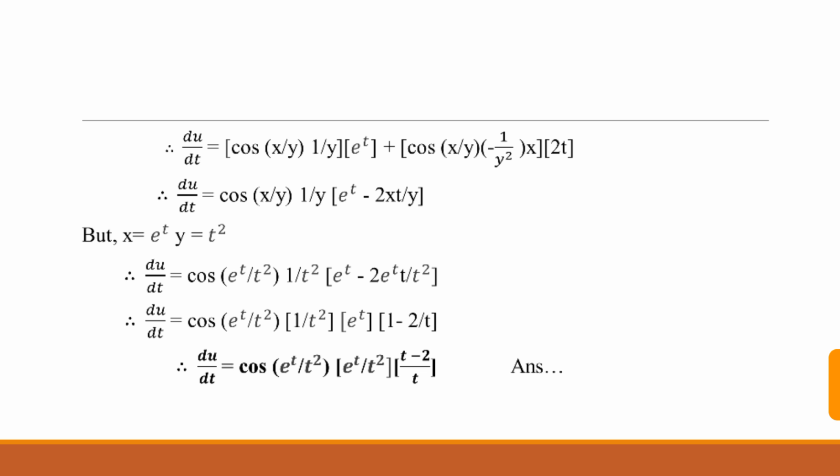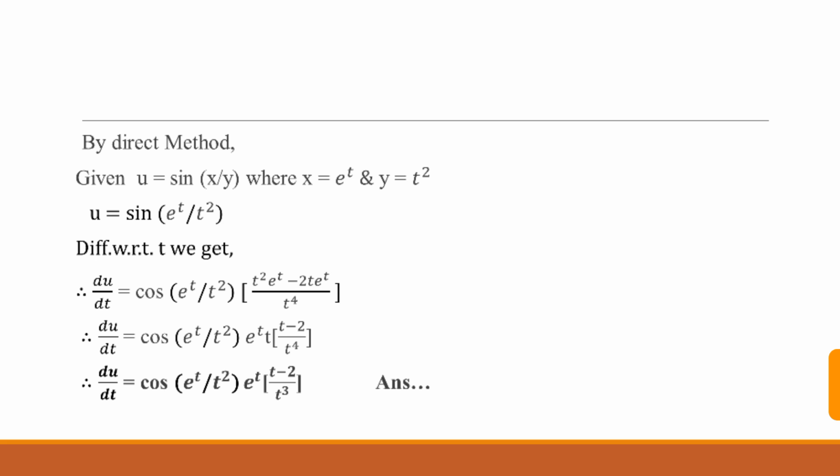This can be written as du by dt is equal to cos of e raised to t upon t square into 1 upon t square into e raised to t into 1 minus 2 upon t. And the required answer is du by dt is equal to cos of e raised to t upon t square into e raised to t upon t square into t minus 2 upon t. This is the total derivative of the given function u is equal to sin of x upon y.